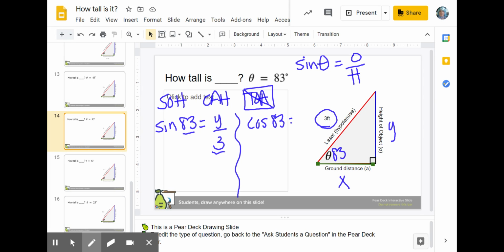I don't know if that answered your question, but cosine is the same thing. Cosine of whatever your angle is equals A over H. You always write it in that form. And then similarly, tangent of your angle equals O over A. Always the angle first.